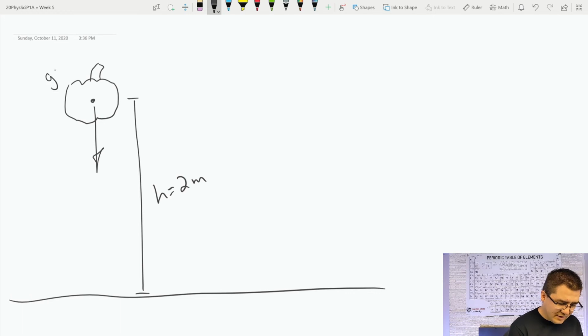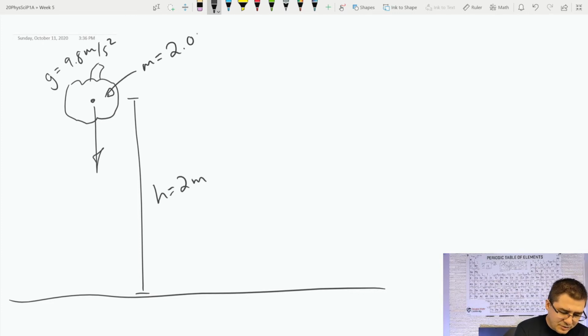Gravity is pulling down and accelerating at 9.8 meters per second squared. It has a mass of, let's say we did the large pumpkin, so this mass is 2.0 kilograms. And I want to know right before it hits, what's its velocity?